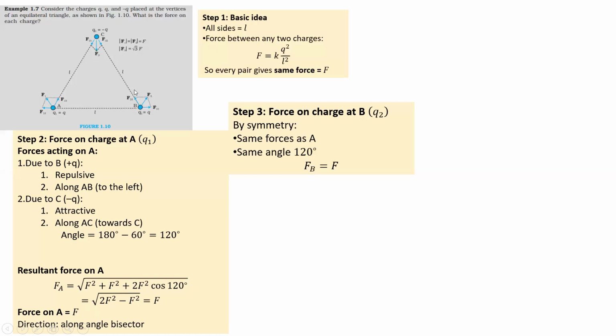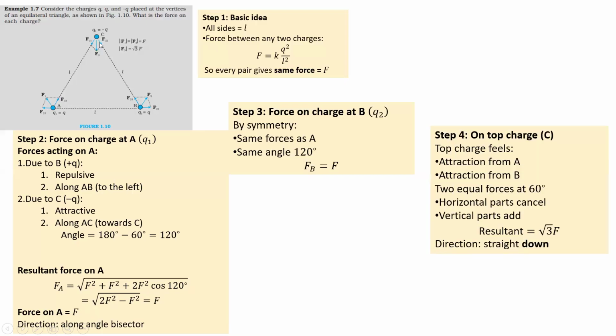But these forces are equal. So once again, here also the resultant force F equal to square root of F square plus F square plus 2F square cos 120. Answer is F. That is, the resultant force on A is equal to F, and the resultant force on B is also equal to F. But their directions are as shown in the diagram.